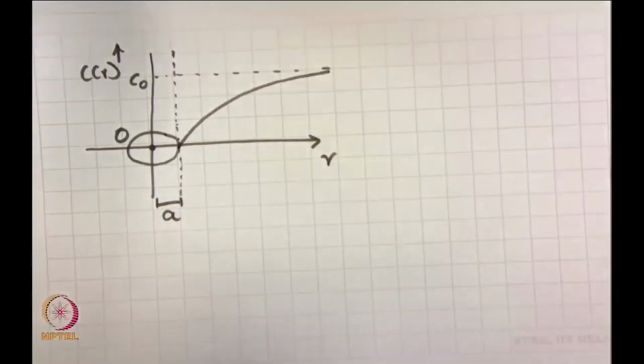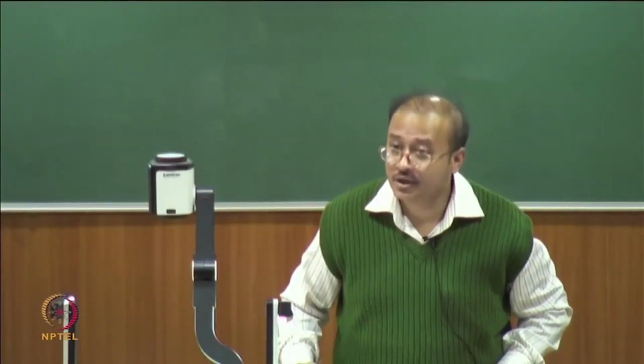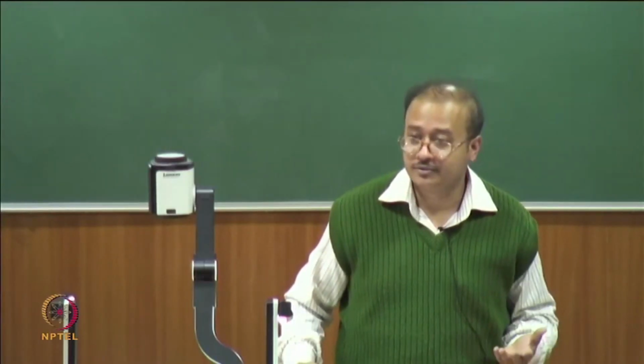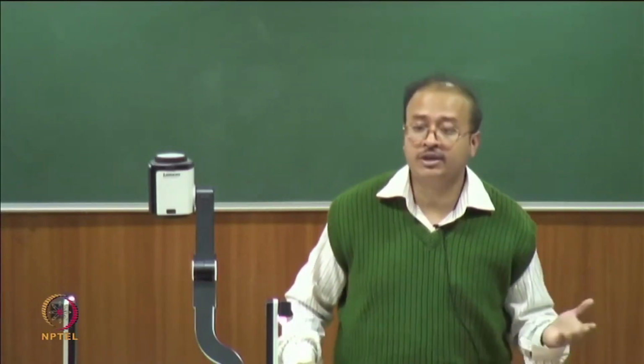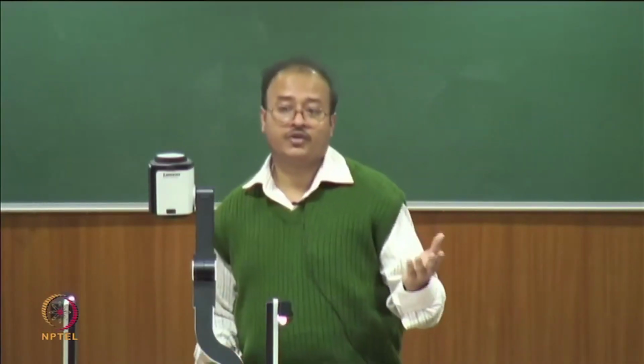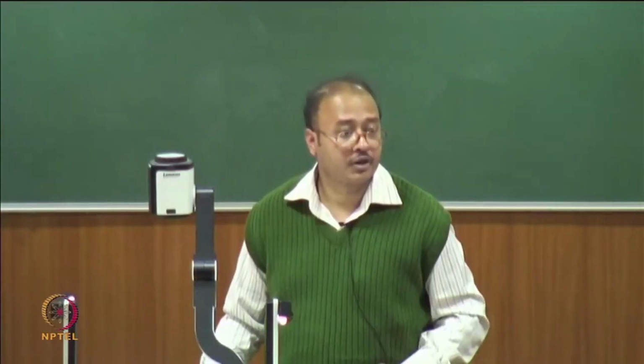It would be 0 at r is equal to A, but then it will gradually rise based on the equation we just derived, and finally max out at r is equal to infinity, which is C is equal to C naught. See, it is very simple to understand, right. I mean, that is what is going to happen. It is going to be absolutely depleted, that is C is equal to 0 in the proximity of the sphere, and then it goes on increasing.